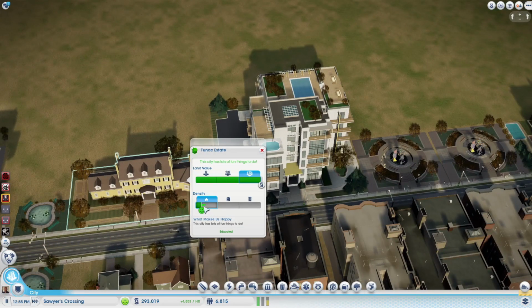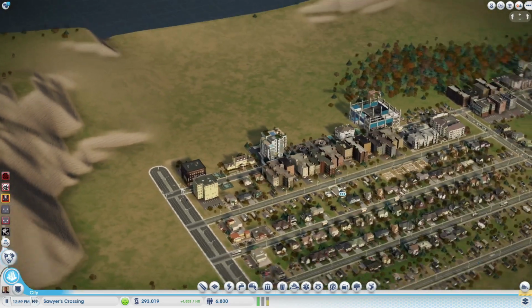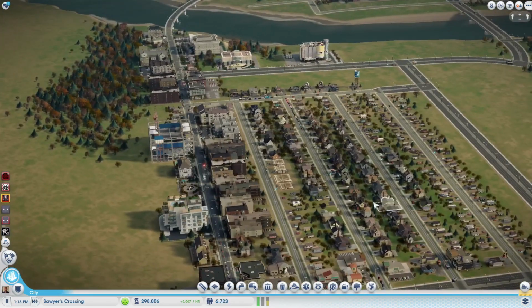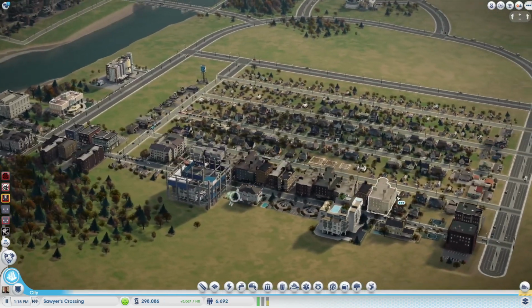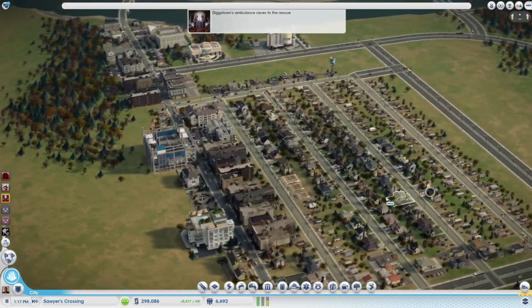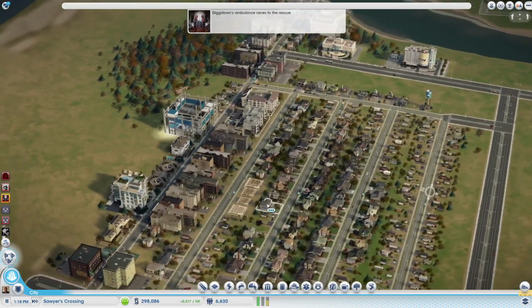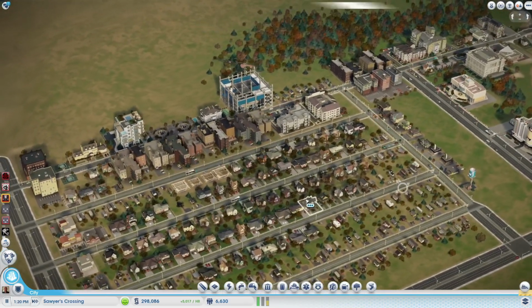This is, I would say, about 30%. When it fills in, then it will transform into a medium density. So keep in mind, keep your residents happy, keep your commercial happy, and keep your industry happy, and they will upgrade their density.